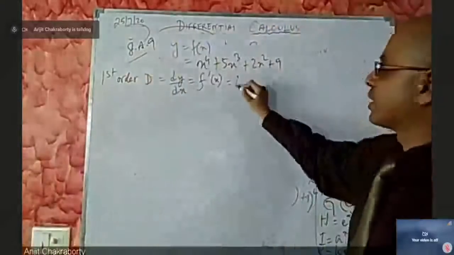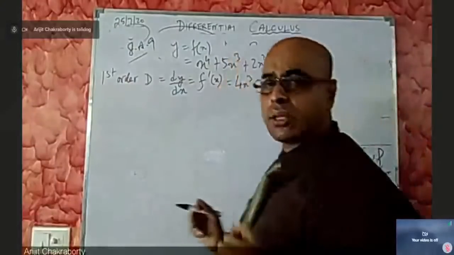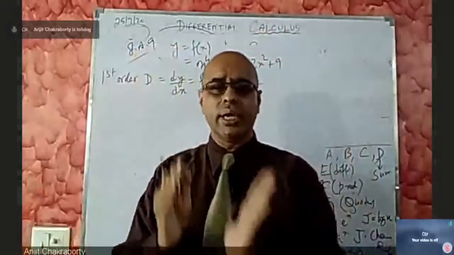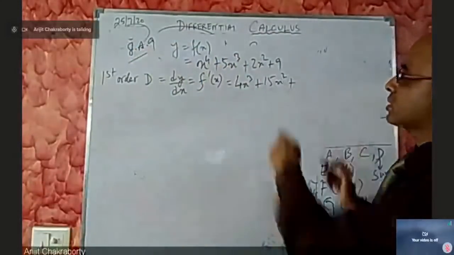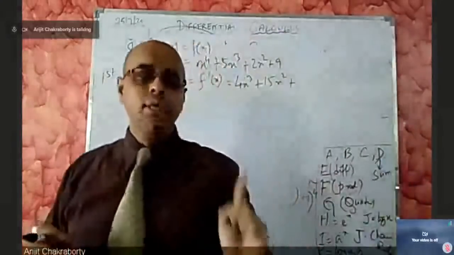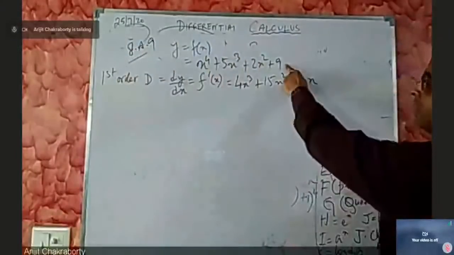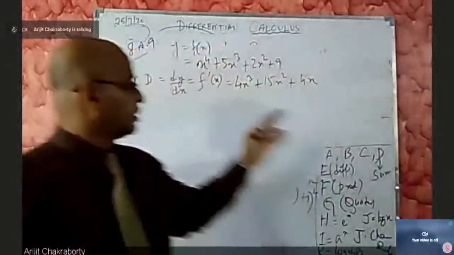So I am writing 4x cube plus 5x cube, differential coefficient of 5x cube, directly I am writing 5 into 3x square. So this will become 15x square plus 2x square, differential coefficient is 2 into 2x, that is 4x. So I write 4x. 9, the differential coefficient is 0. So this is the first order derivative.